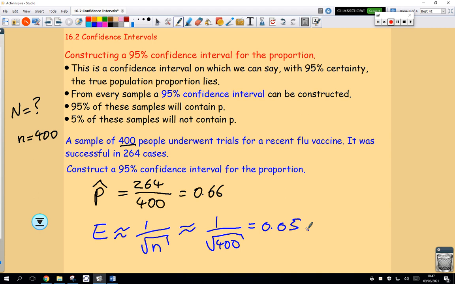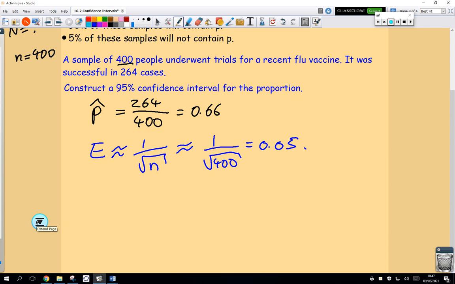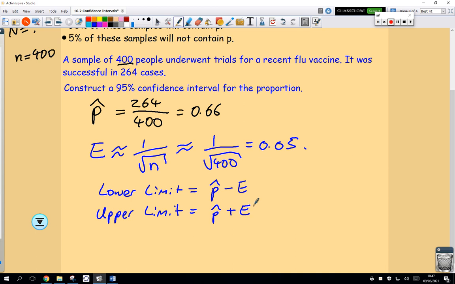Now, my 95% confidence interval will look like this. It's going to have a lower limit of p hat subtract e, and it'll have an upper limit of p hat plus e.